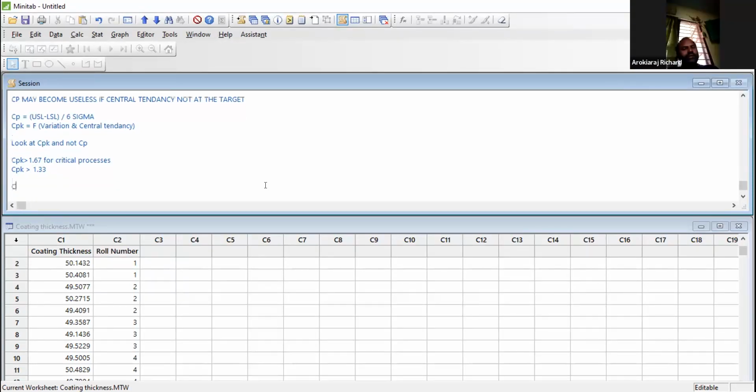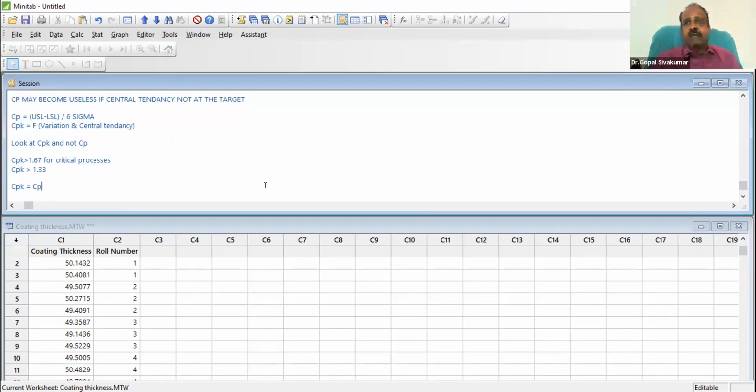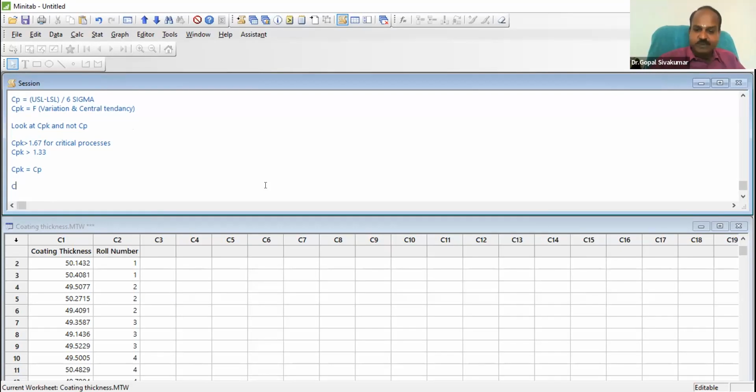Ideally, most companies are using CPK 1.33 in their company. I think they are thinking that their level is best. And also ideally, CPK must be equal to CP. That's the best scenario. Whenever CPK is not equal to CP, what is your understanding?